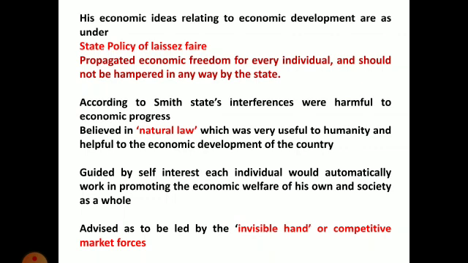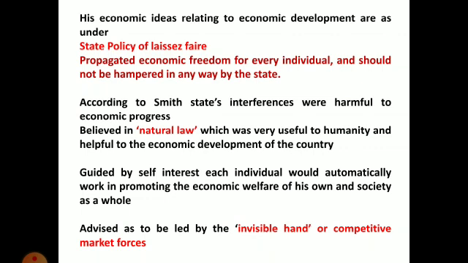According to Adam Smith, the state's interference was not only damaging, but it was not at all necessary as well. He believed in natural law, which, in his opinion, was very useful to humanity and helpful to the economic development of the country.